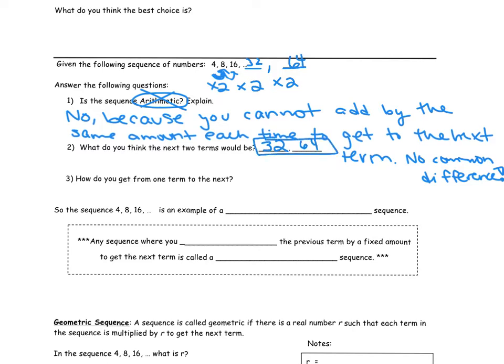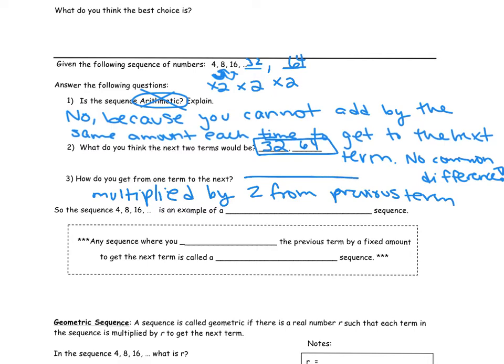And now the question says, how do I get from one term to the next? Well, we just multiplied by 2 from the previous term. This sequence is an example of a geometric sequence. So remember, geometric, we're looking at multiplication and division.